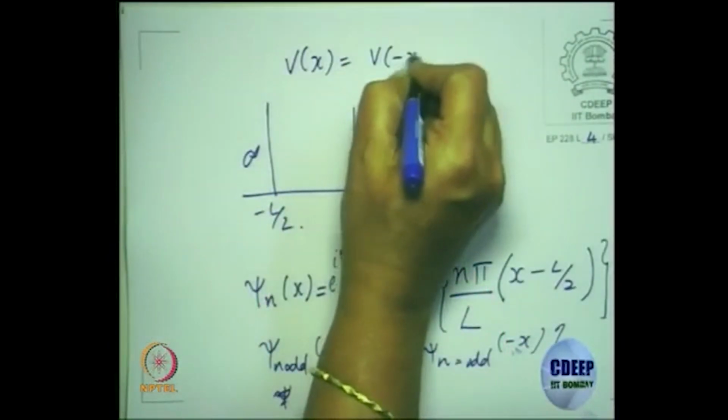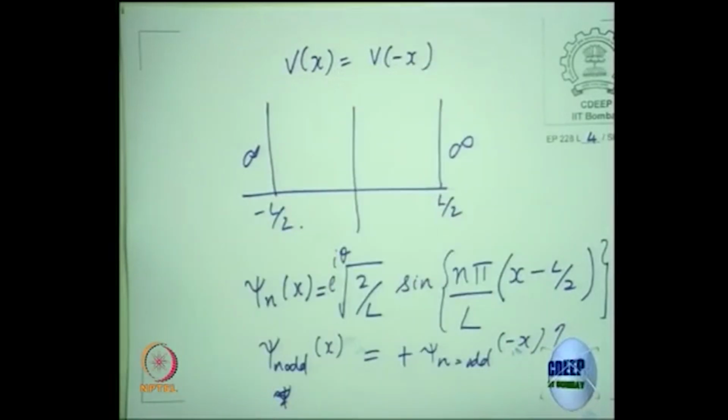But this is the trend, that when you do the double delta potential, I want you to keep this in mind. Both the solutions are allowed. You can have odd solutions as well as even solutions because of V of x being equal to V of minus x, even in the double delta potential.